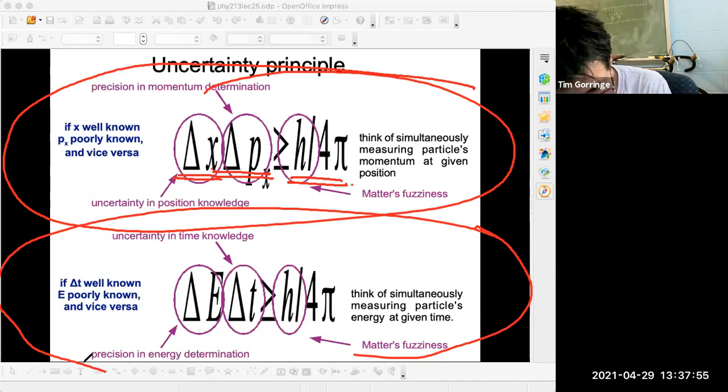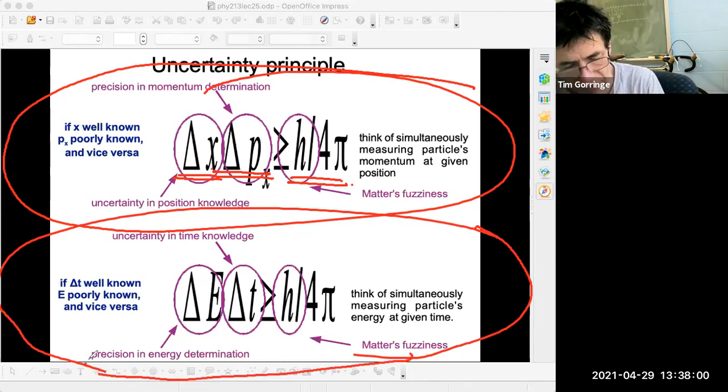So there's a second famous uncertainty principle, and that's a relationship between position and time. Sorry, energy and time.